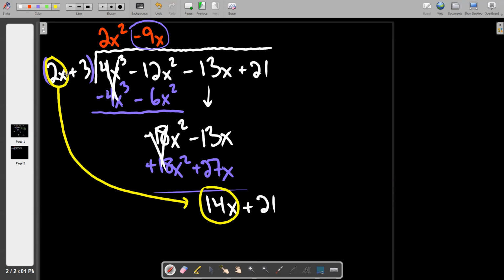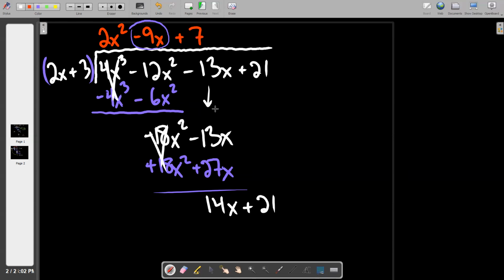What do you have to multiply the high one by to make it into the lower one? Don't overthink this. Don't start thinking about, oh, you have to make it negative. You got to just make it turn into the other one. Make 2x become 14x. And the way you do that is by multiplying it by 7. Got it?